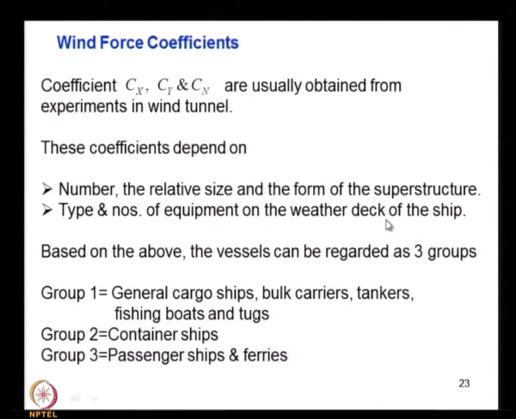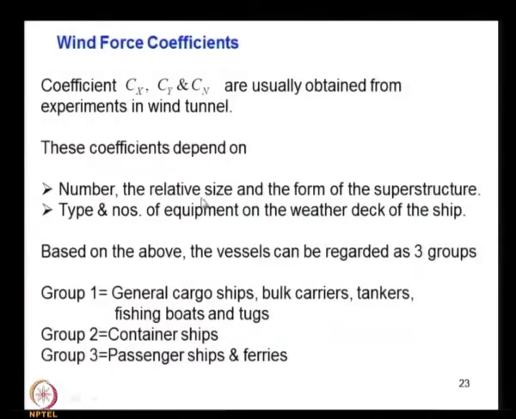On the top deck you will have a number of equipments for various operations, including crane operation, anchor operation, mooring line operation, and marine machinery on the deck. These equipments also will have an effect from the wind. So, you find out that also.